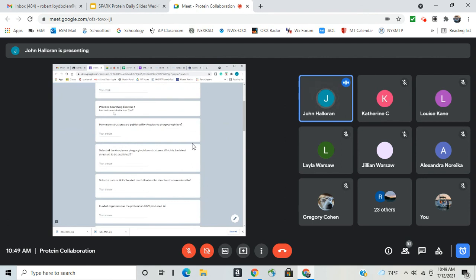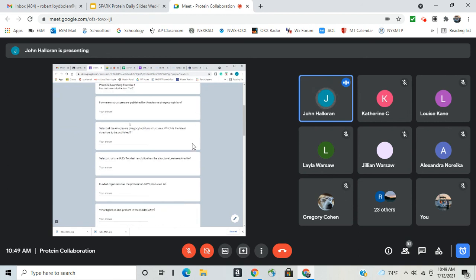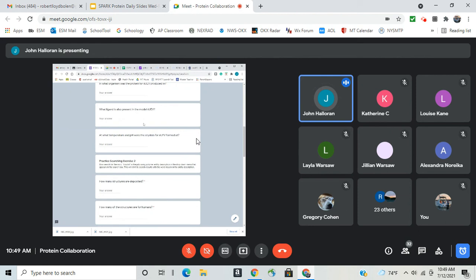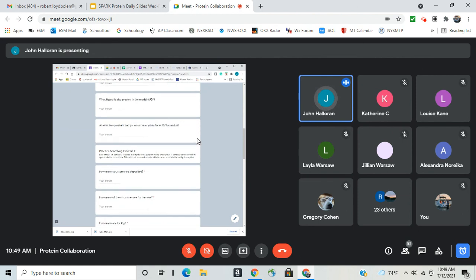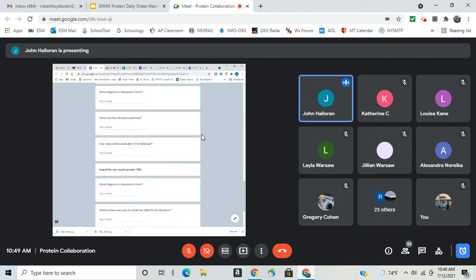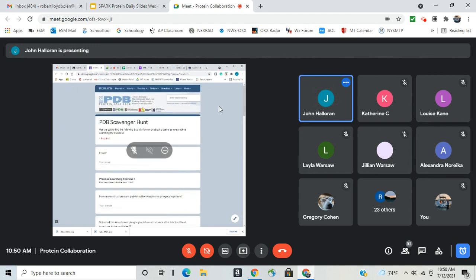I started with a basic search for TRMD. You'll try to answer the questions based on those searches, and then click on specific structures, just so we know that you know where you're finding this information. So we have 3 different searches and a few different specific structures to see if you can find the information out of the PDB.